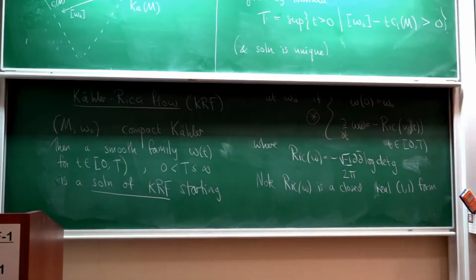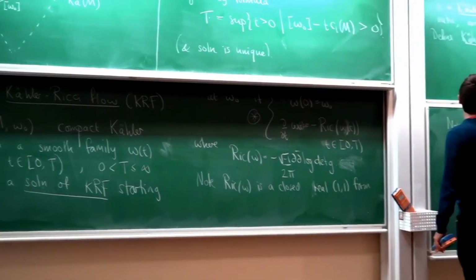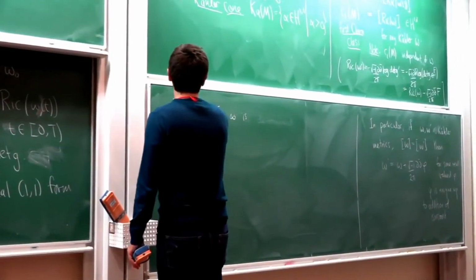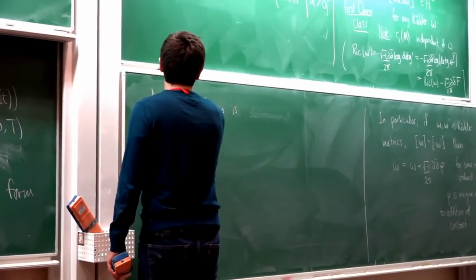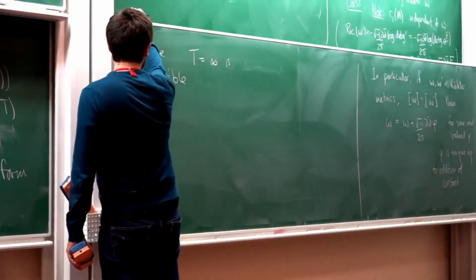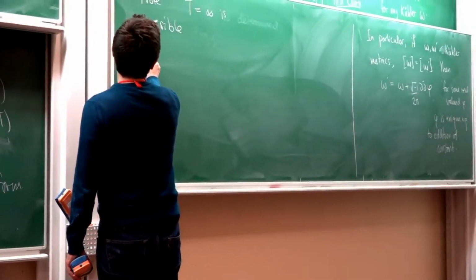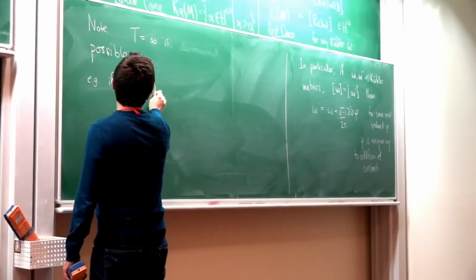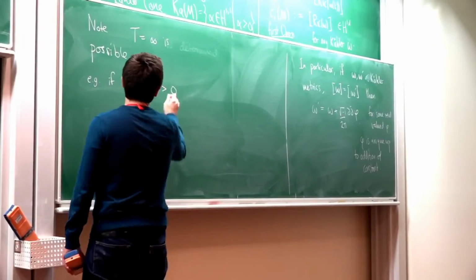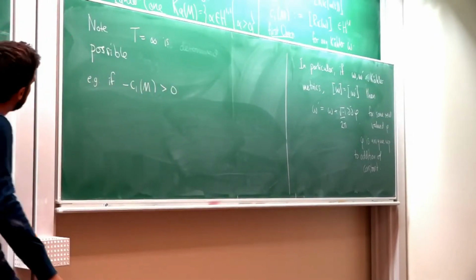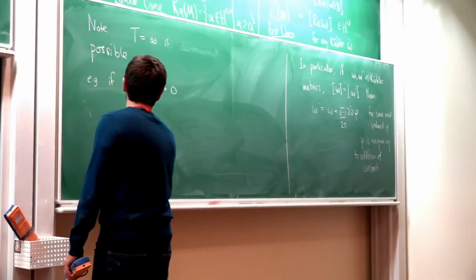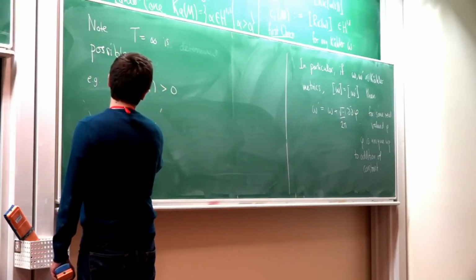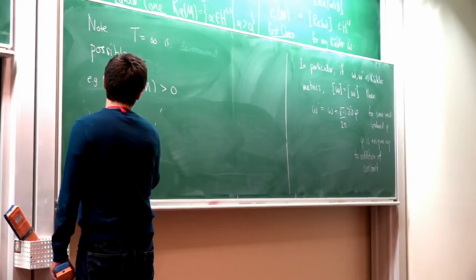Let me just note that of course T equal to infinity is certainly possible. And that would occur, for example, if minus C1 of M was positive, or in other words, C1 of M is negative, because you see in the picture, minus C1 of M is positive, so say it looks like this.